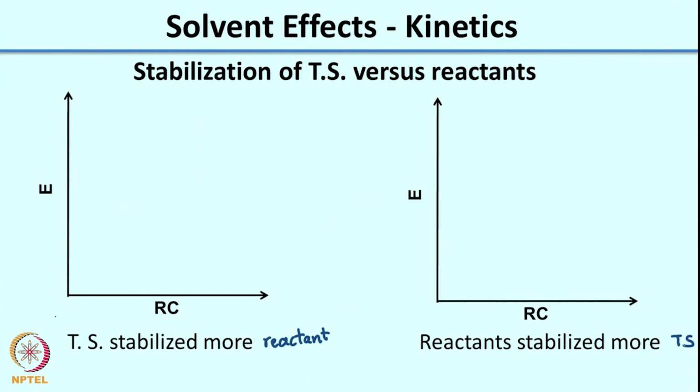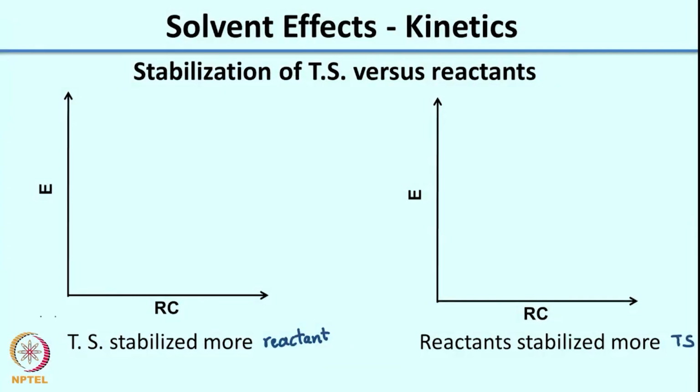So, on each of these graphs, I want you to draw two reaction coordinate diagrams on the same graph, one for, say, a reaction of A going to B. So, in both these cases, let us say A is going via a transition state to a product B.